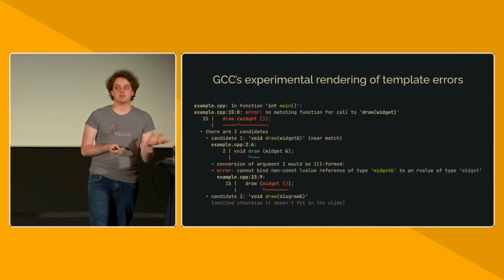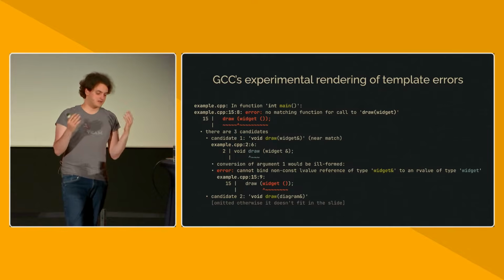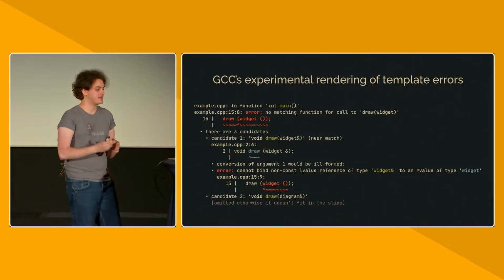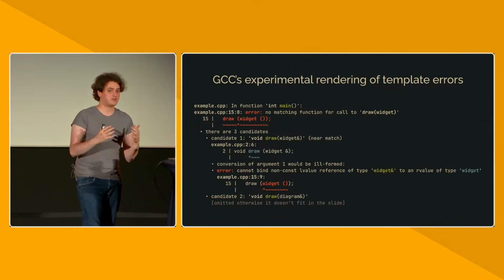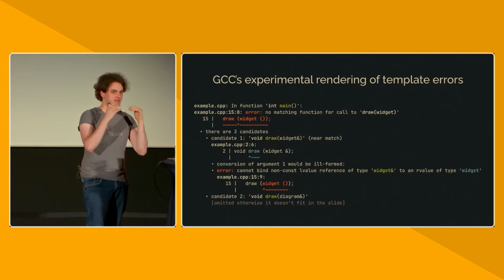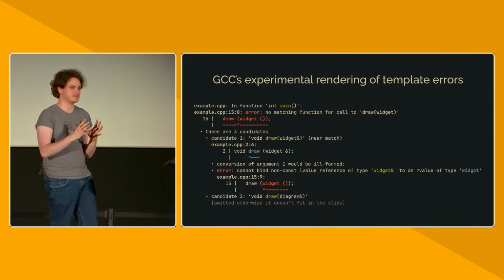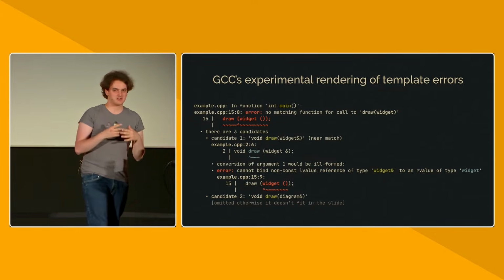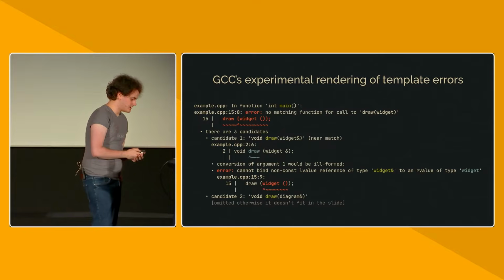This example in particular is from the latest GCC 15, where C++ templates have a tree-shaped structure when they're evaluated, and now they actually show those messages in this tree-like structure instead of trying to condense it into a linear message and creating a mess and a very confusing situation.